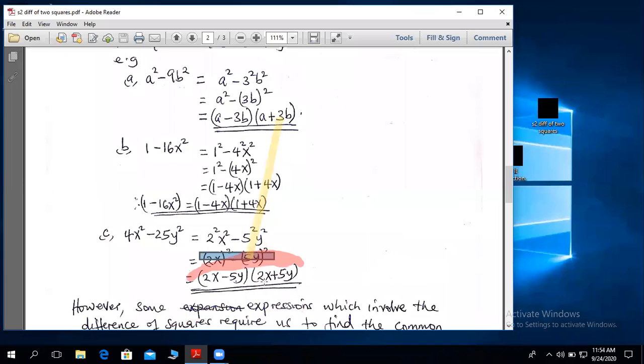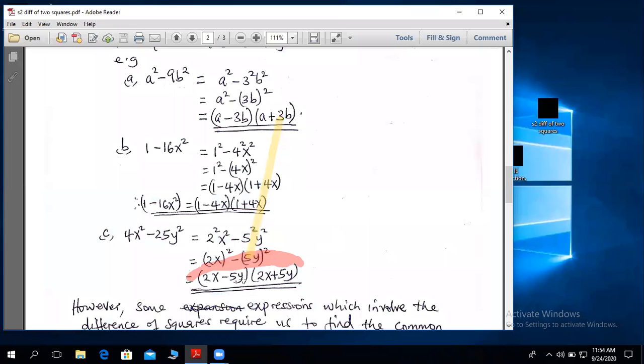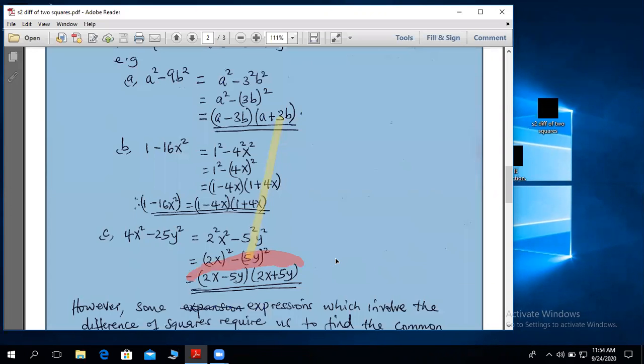Their sum will be 2x plus 5y, and their difference will be 2x minus 5y. So this is what we end up with. I again ask, is there anyone with a question?